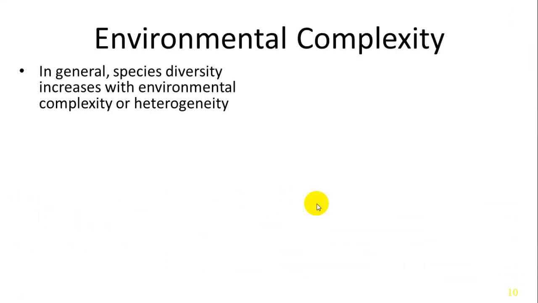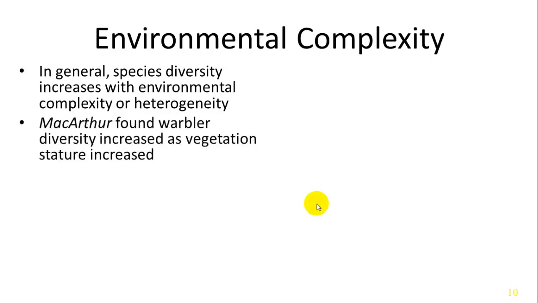Alright, how complex is an environment? That generally has to do with heterogeneity or environmental complexity. So how varied different species are within there, or how many layers within a community have species within them. So MacArthur found warbler diversity increased as vegetation stature increased.